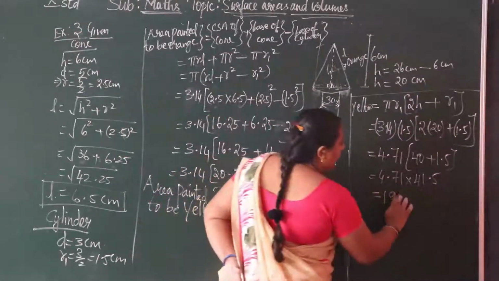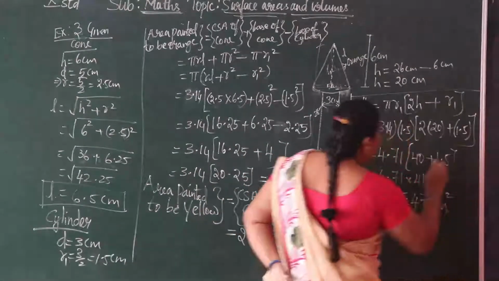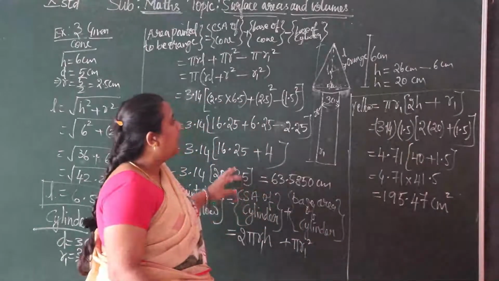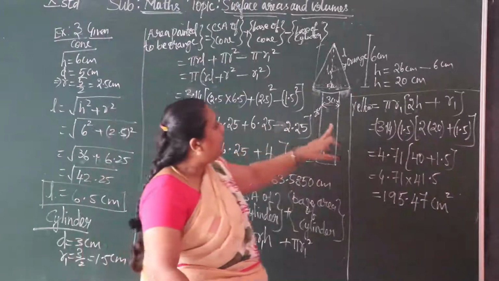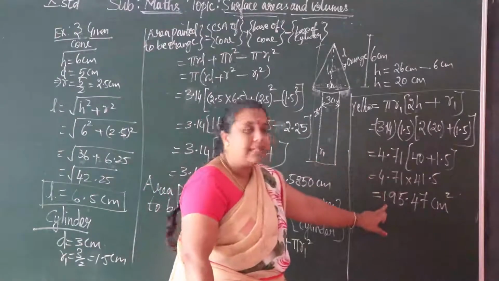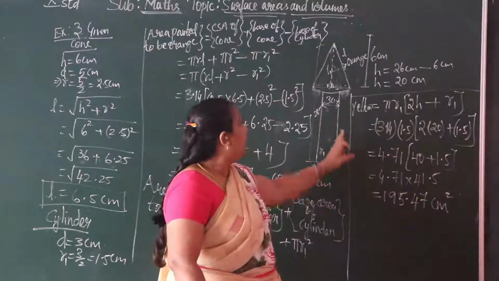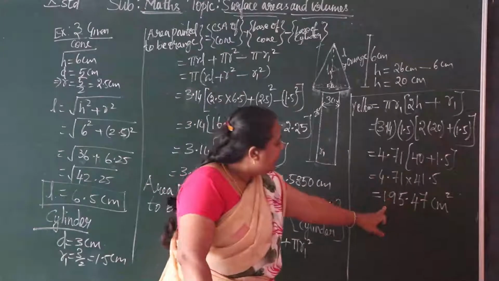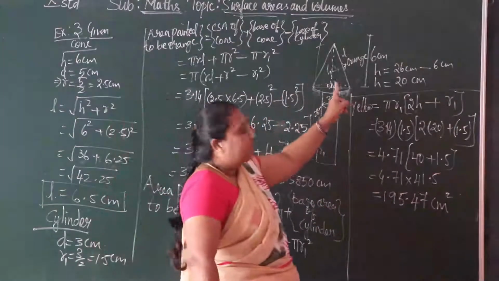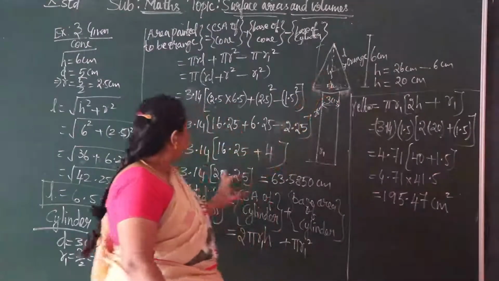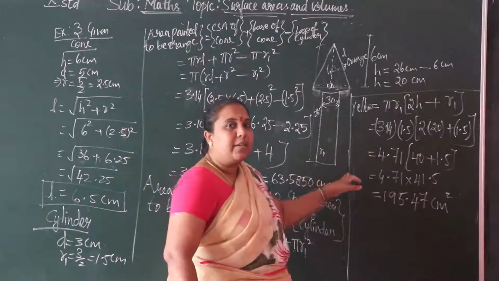That equals 195.47 centimeter square. Therefore the area painted to be yellow is 195.47 centimeter square, and the area painted with orange of this target is 63.59 centimeter square.